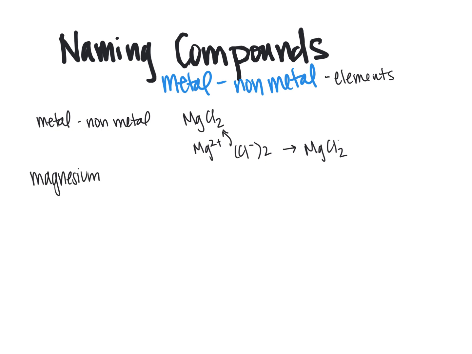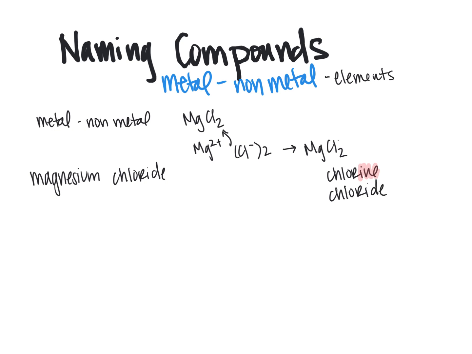When we name this compound, the first name is the metal, which is magnesium, and it's followed by the non-metal element with the name changed to end in IDE. So this would be magnesium chloride. Cl is chlorine, and we're going to remove this part and make it into IDE.